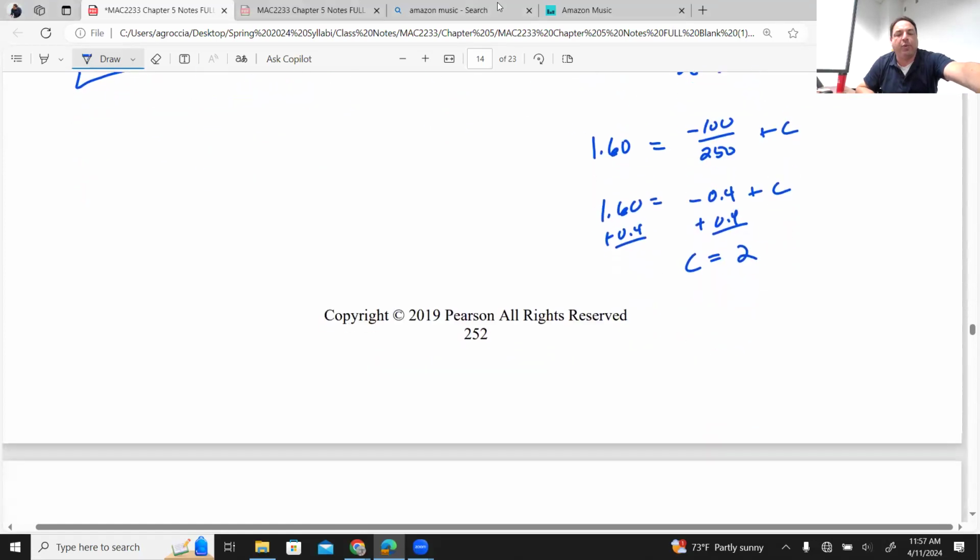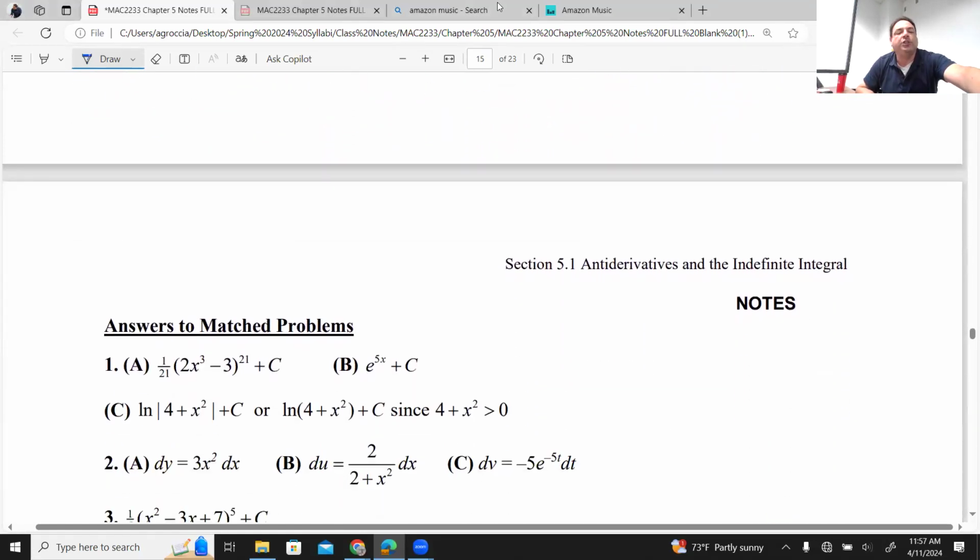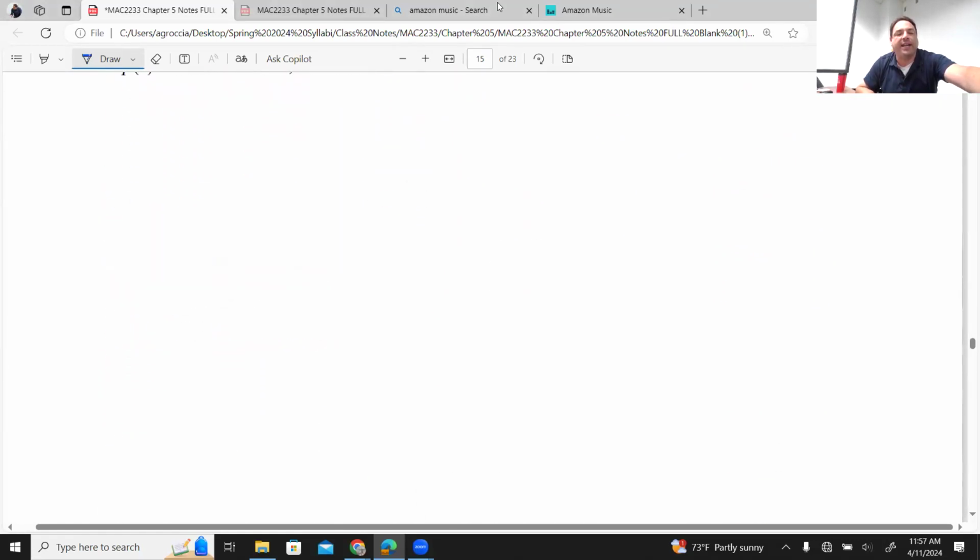That ends 5.2. Now, in order to do the last section, 5.5, you need to know 5.1 and 5.2. So let's see if you remember 5.1 and 5.2. So I want you to take the integral of 3x squared minus 2 e to the x plus 3 over x, dx. Now, if you want to rewrite that, you can.